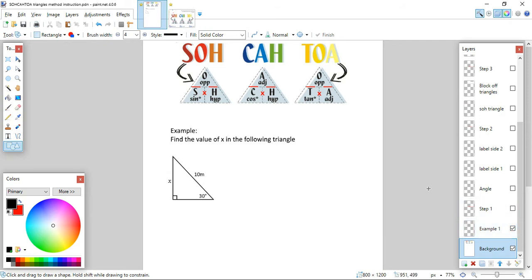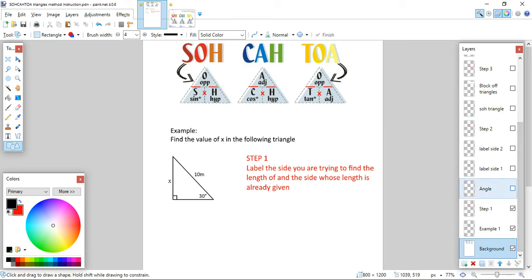In our first example here, we're asked to find the value of x in the following triangle. So your first step is to label the side you are trying to find and the side whose length is already given.